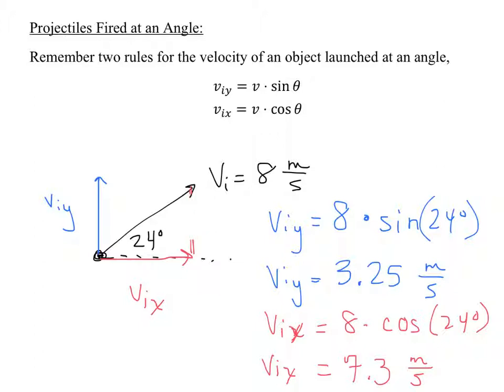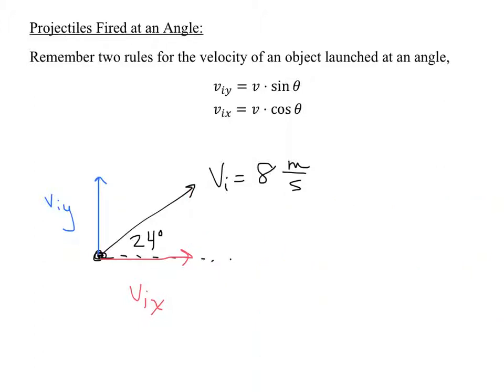Now, what did Paul mention to us earlier about this? That I can tell that the answer is in the right range. I know that these are generally right when I look at them relative to one another. Well, since it's a lower angle, VIX should be bigger than VIY. Exactly, Jen. That's right. Again, remember, low angles less than 45, the VIX is going to be bigger than VIY because you're mainly kicking like a low line drive.